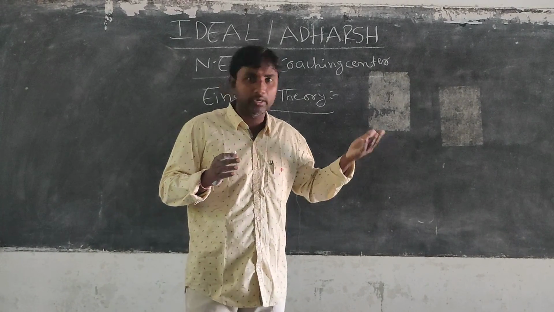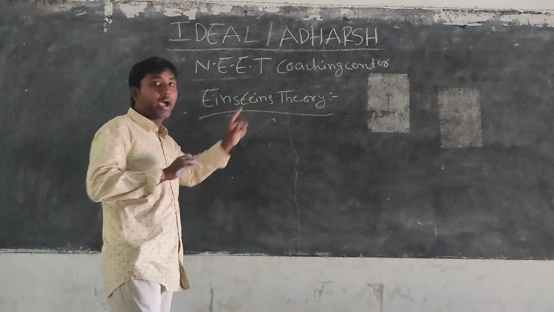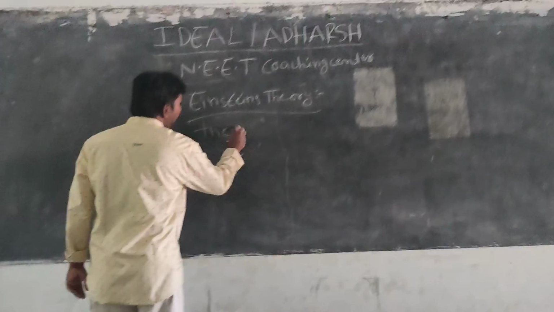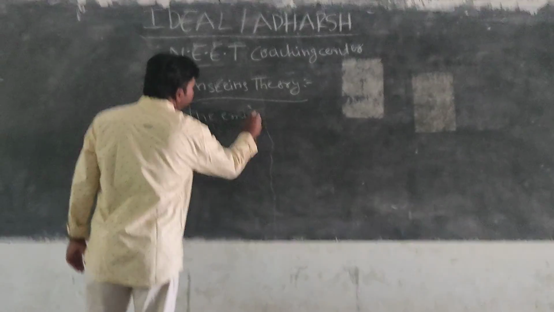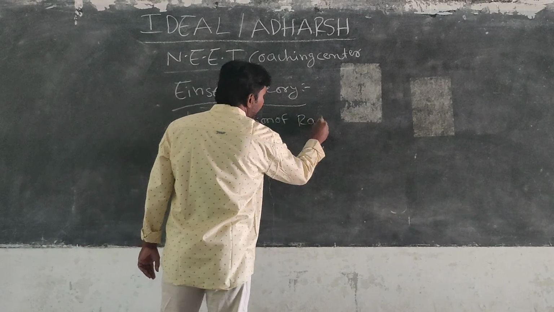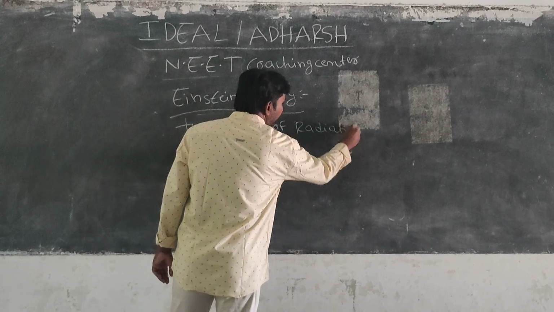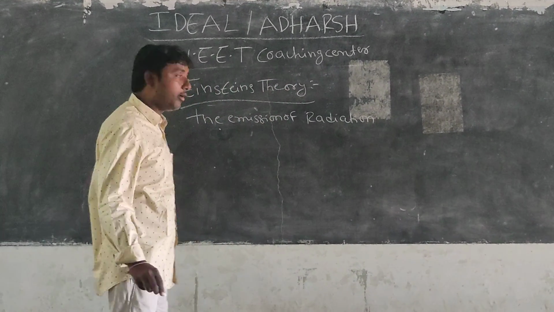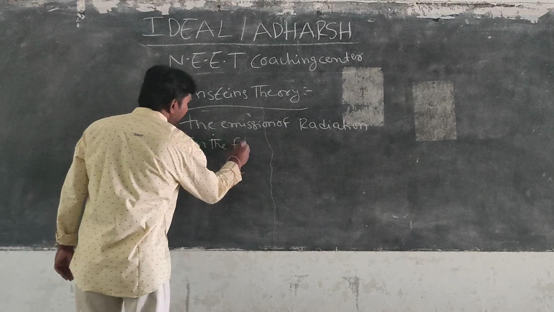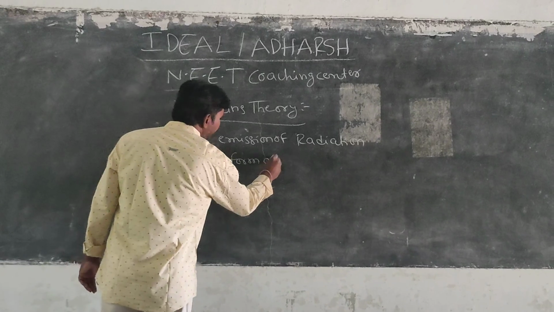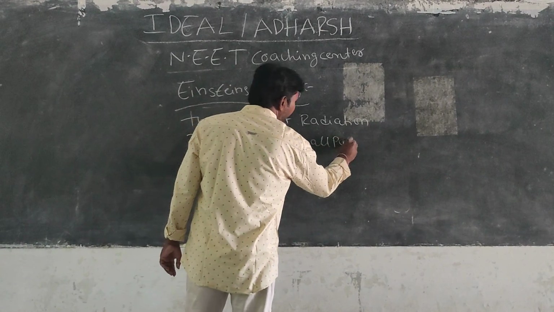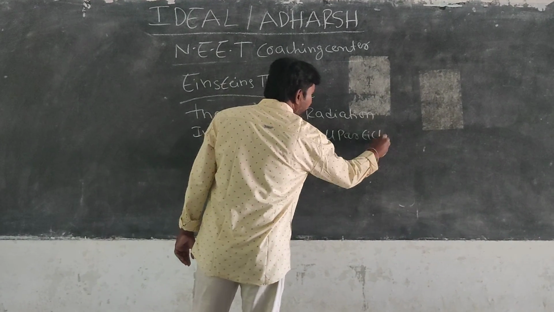But according to Einstein's theory, the emission of radiation is in the form of small particles.